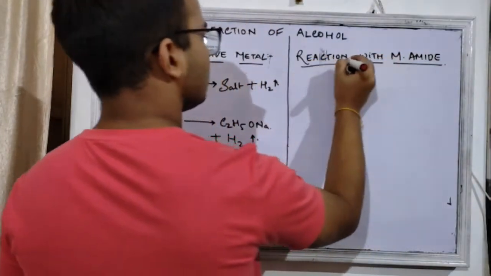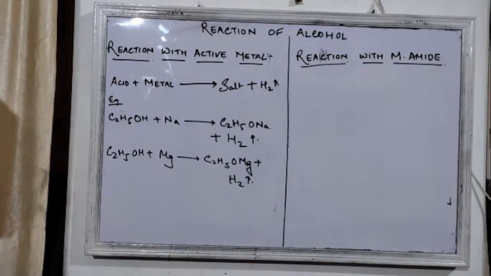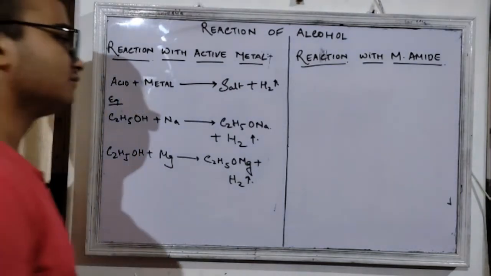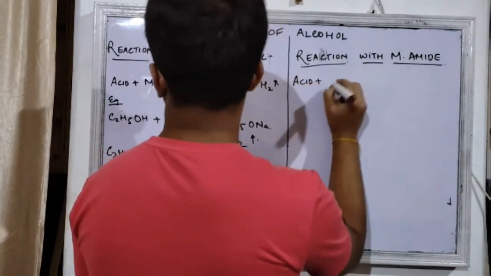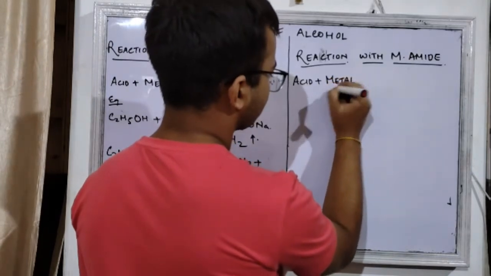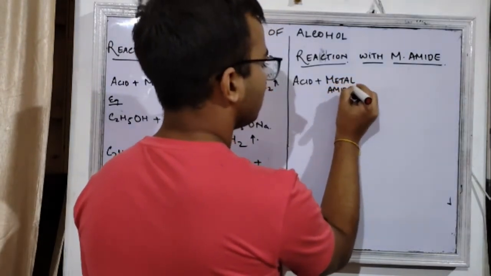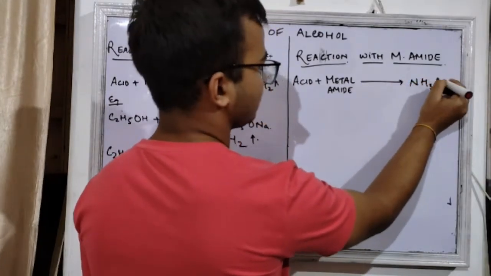When we study reactions with metal amide, you have to remember that acid plus metal amide will give you ammonia. If acid plus, or you can write alcohol also, acid plus metal amide will give you, or liberate, ammonia as gas.